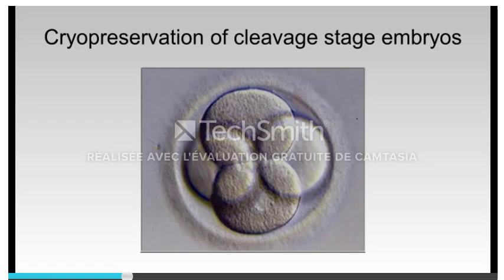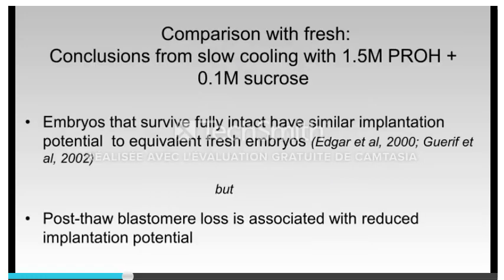Initial methodology, which actually, after some earlier modifications by the group in France away from DMSO-based methodology, involved slow cooling and multi-step processes using propane diol and a low 0.1 molar level of sucrose.